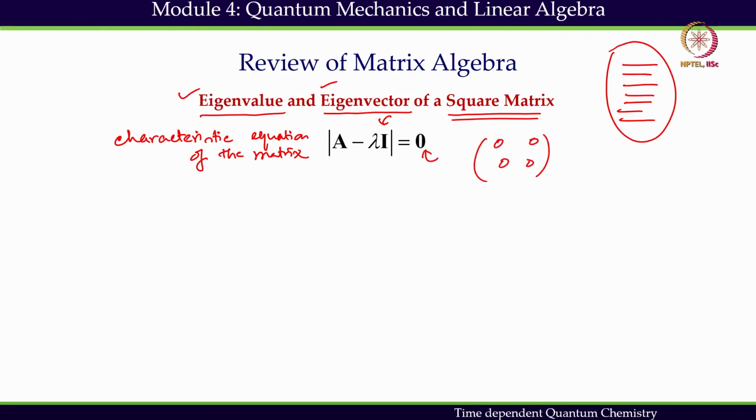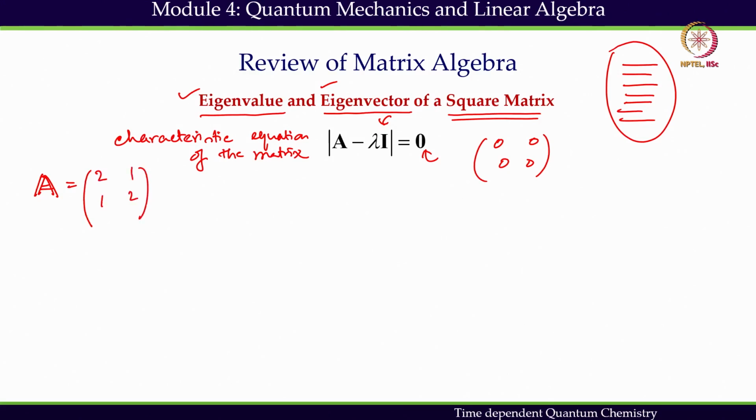So, we'll take one example here to find the eigenvalue and eigenvector. Let us say I have the matrix 2 1 1 2, a simple 2 by 2 matrix.